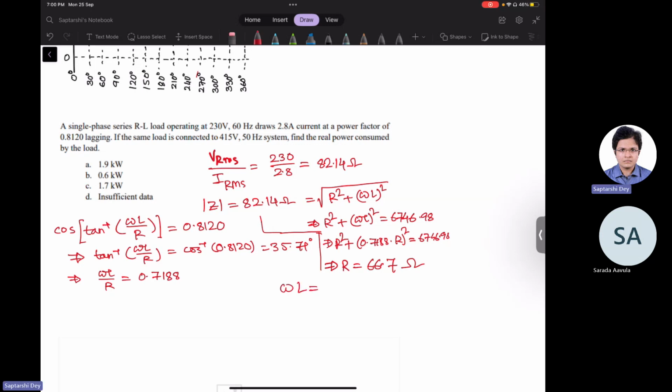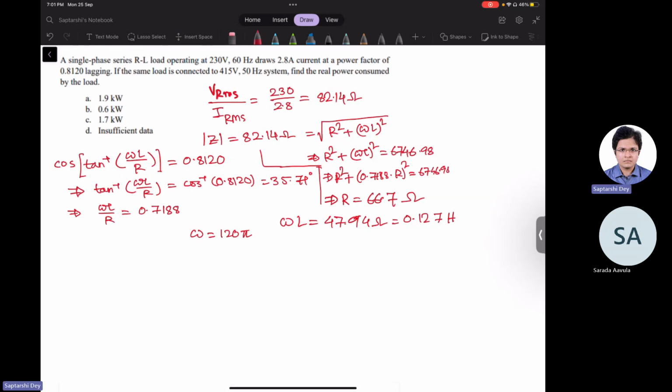Omega L is this times 0.7188, which is 47.94 ohm. Now it's 60 hertz, so omega is 120 pi, right? 2 pi f, 120 pi. So if I divide that by 120 pi, what I get is 0.127 Henry. This is what we get.